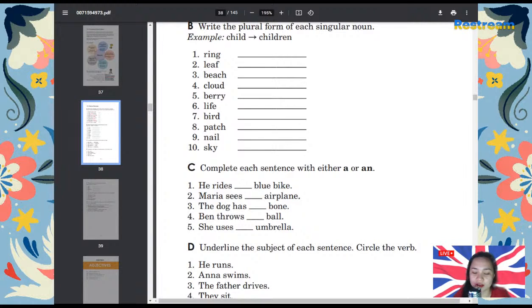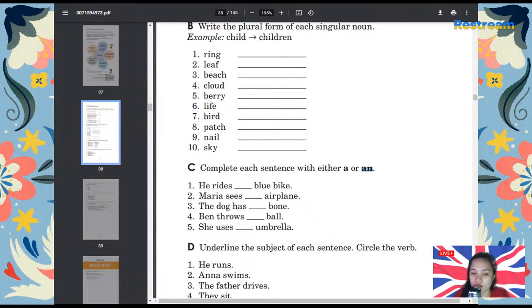Okay, very good. Next for number four, Ben throws blank ball. So it also starts with the consonant B. A or an? Ben throws blank ball. Oh, only use the a or an only. That's the only choices.